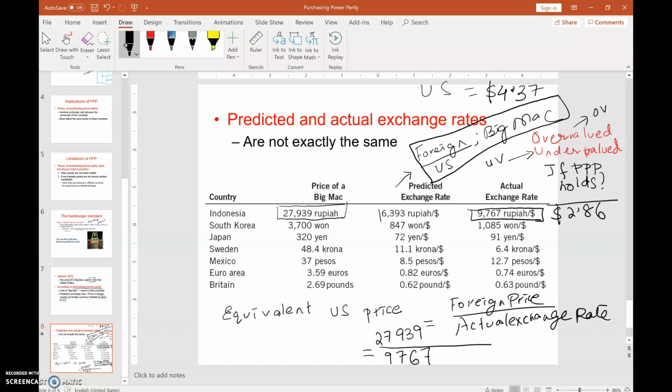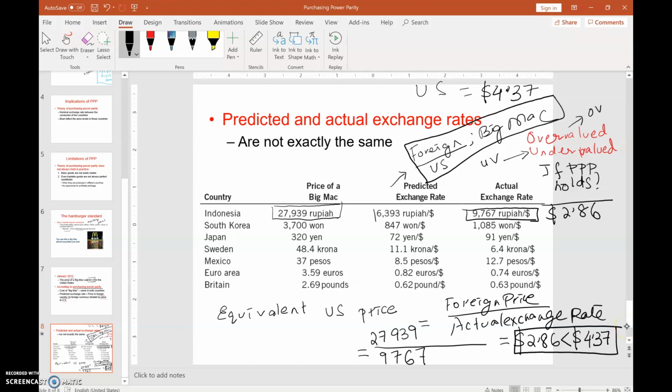If I do the calculation here, my result will be in dollars, which is $2.86. Compare this to the US dollars, and the price of a Big Mac in Indonesia is less than the price of a Big Mac in the US.